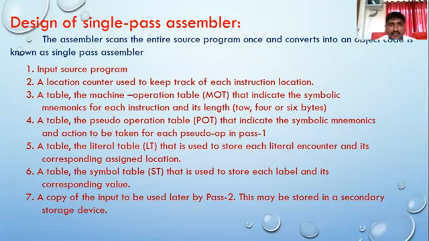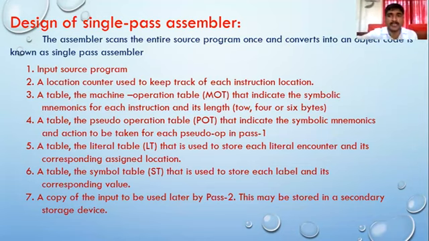We need to scan the entire source program once and convert it into the object program or object code, which is known as the single pass assembler. That is, scanning the program and converting it into machine code takes place in a single pass. Here different types of data structures are created, and these data structures are used to create the translation in the target code.